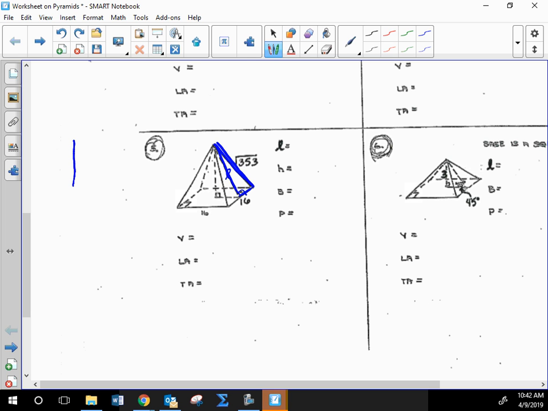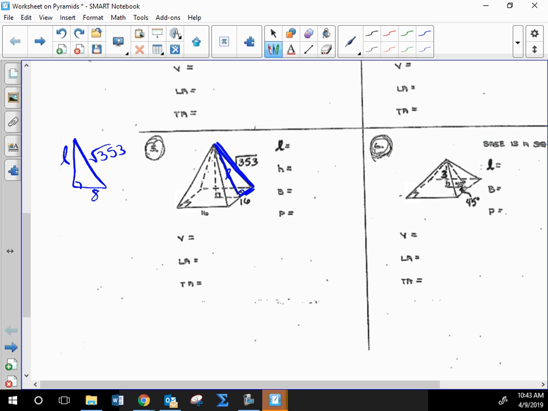I'm going to draw that off to the side. It's definitely a 30, 60, 90. How do I find my slant height? Well, Pythagorean theorem. Go ahead and find your slant height.